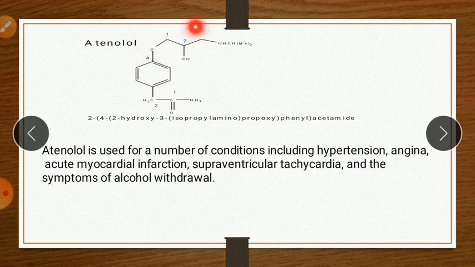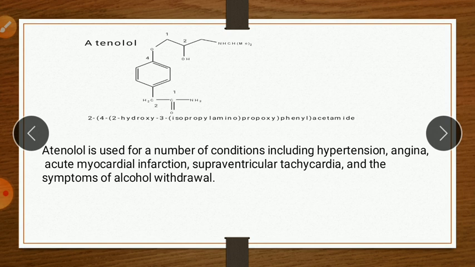Then 2-hydroxy means this 2-hydroxy, and 3-isopropylamino, this one is 3-isopropylamino. Propoxy means propane with oxygen. Phenyl means this phenyl ring, and the basic chain is acetamide. So the IUPAC name is 2-[4-[2-hydroxy-3-(isopropylamino)propoxy]phenyl]acetamide.